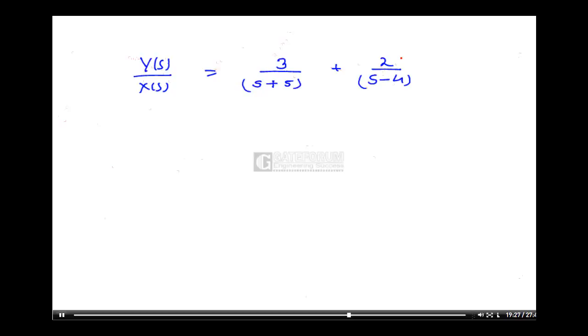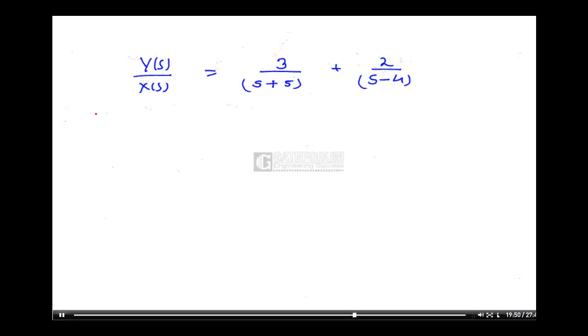Okay, this will give me the way to find the Laplace transform. Now after reaching here, we have to see whether the given system is causal or stable, or it is non-causal, or it is for unstable system, or whatever the condition given.